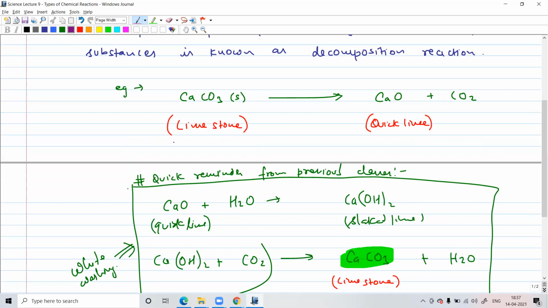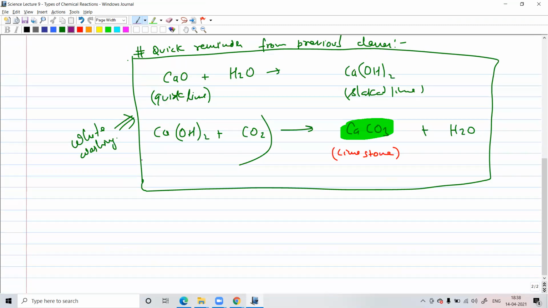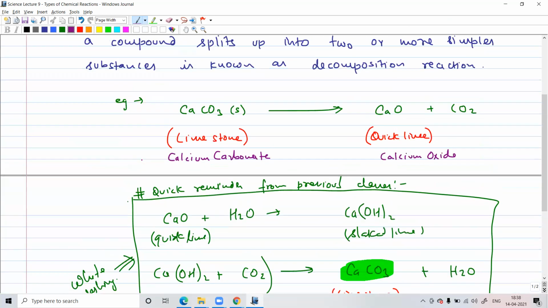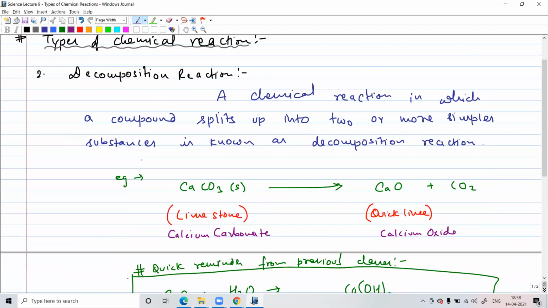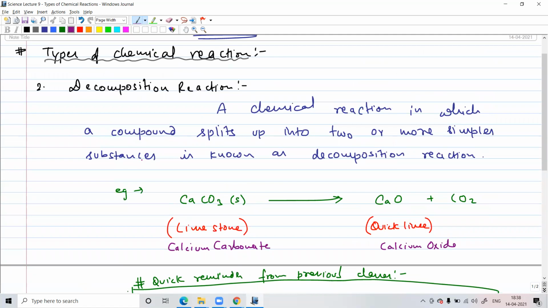And also the scientific name will be calcium carbonate. Okay, so is everyone okay with this reaction? Yes, sir.